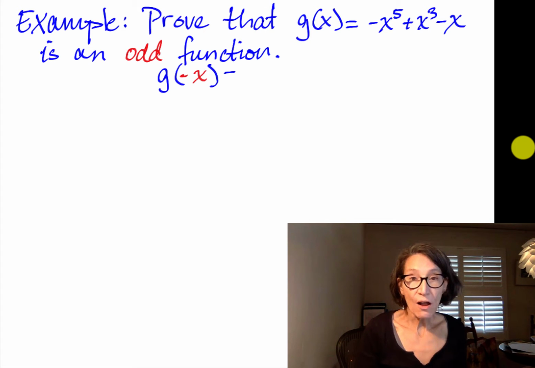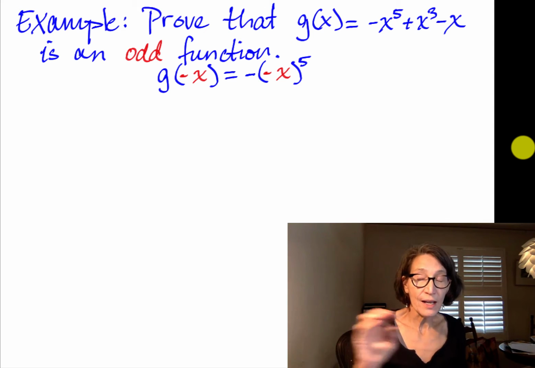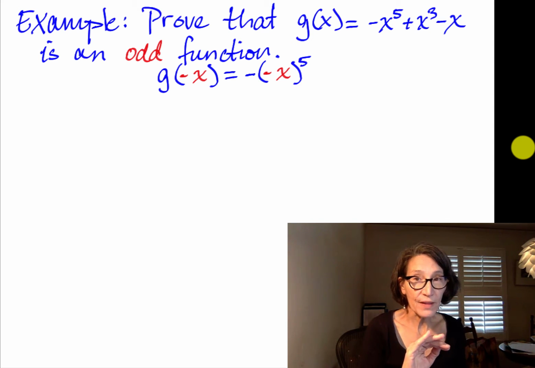So g of negative x, using that polynomial, is equal to negative x to the fifth. Now notice I have negative x in parentheses. That's really important. In the original polynomial, g of x, we're taking x and raising it to the fifth, and then putting a minus sign in front of that.